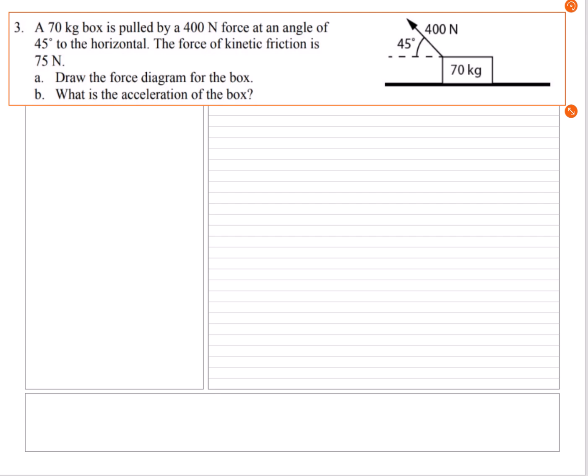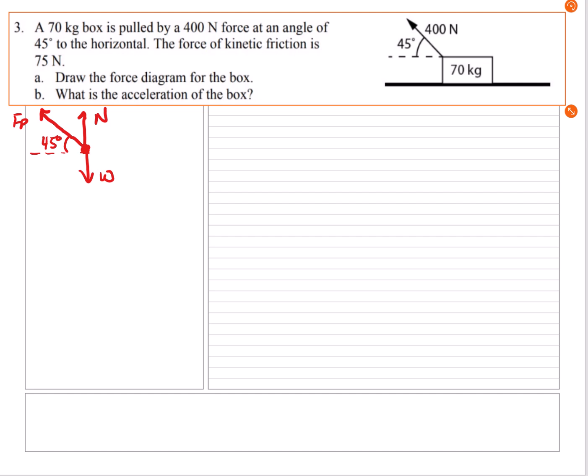So if I draw the free body diagram for this particular picture, you should have 4 vectors. It's going to have weight perpendicular to the earth. It's going to have normal straight up perpendicular to the ground. It has an applied force or a pull force at an angle, FP, at an angle of 45 degrees.